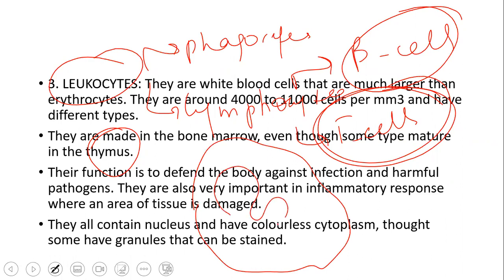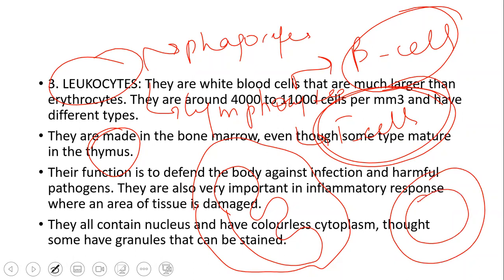Lobed means it looks like it has multiple projections or multiple lobes. The nucleus of a phagocyte is generally lobed, and the nucleus of your lymphocyte is big and circular. The other ones have more of a lobed nucleus.